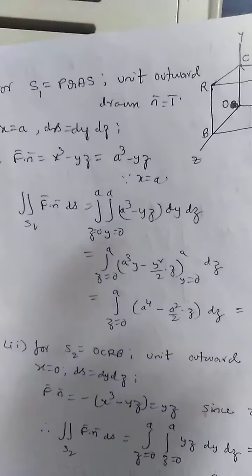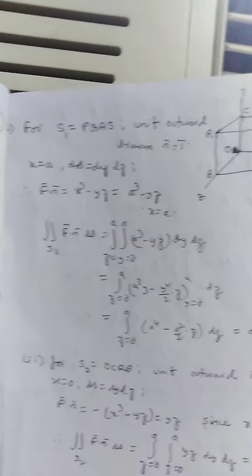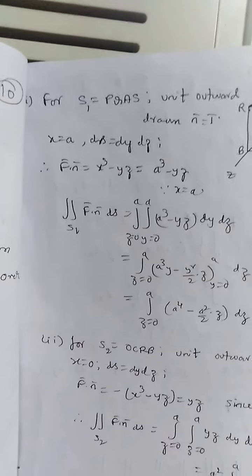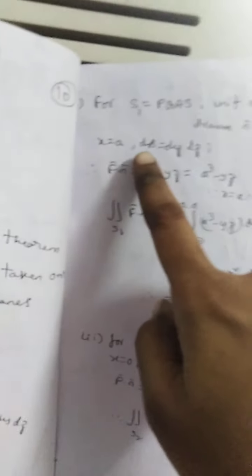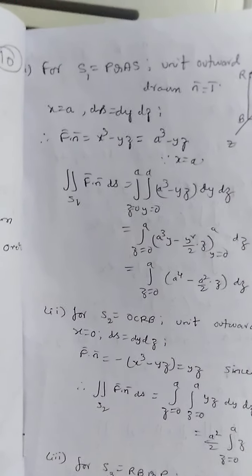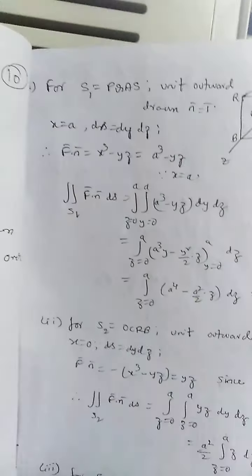On this part the unit normal vector n bar is i bar, in the direction of the x-axis. So x is equal to a, and dS is equal to dy dz. The unit outward normal is taken as positive, n bar is i bar.